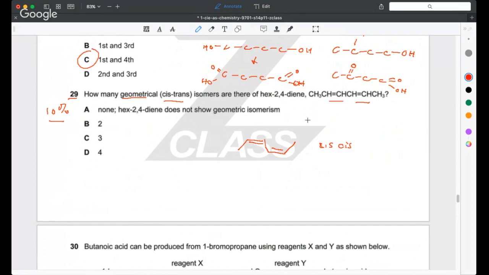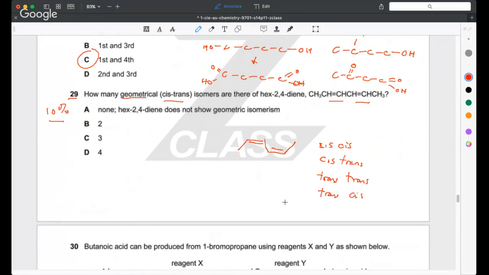Now, you can see the number of potential permutations would be, well, you could have cis and trans, couldn't you? We'll write them in a moment. Or you could have trans and trans.